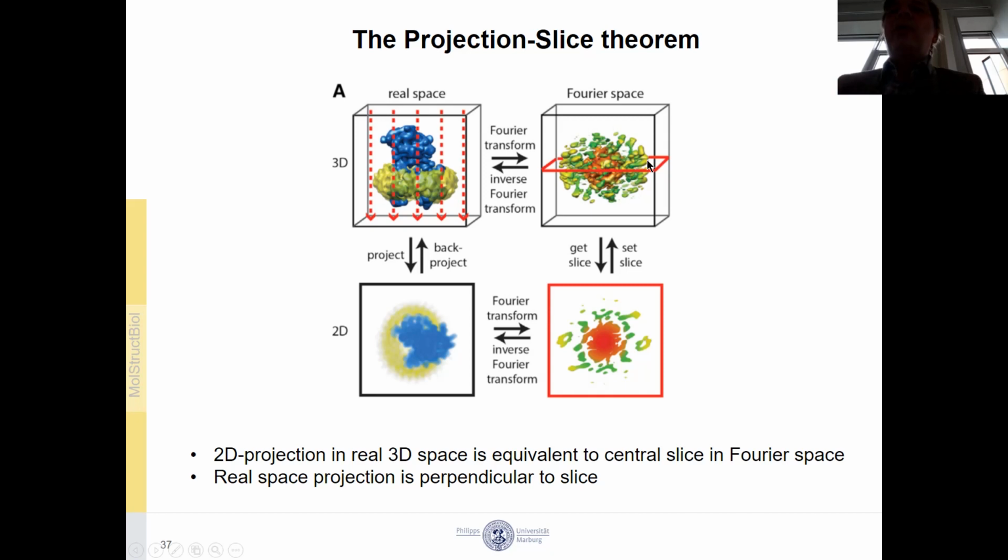This here is the Fourier transform of the whole particle in reciprocal space, and this projection corresponds to one of the central planes, going this way or that way, depending on the orientation. Now we get this kind of slice that corresponds to this Fourier transformed structure. The funny thing about Fourier transformations is you can run them in both directions.